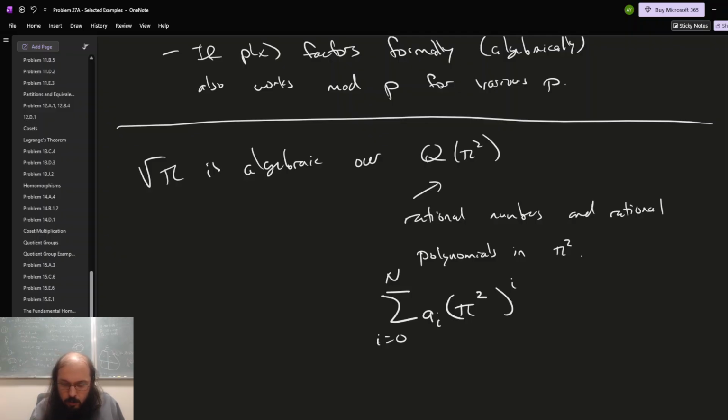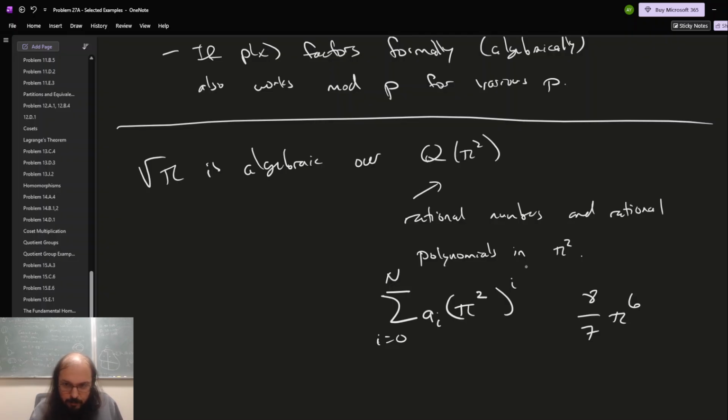There's no analysis, convergence, infinite stuff here. These are finite sums of things that look like this. So pi squared is in here, but so is 8 over 7 pi to the 6, right? Because it's a rational multiple of pi squared cubed.